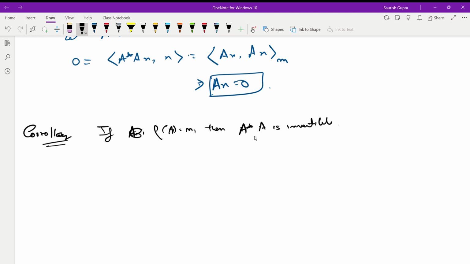Because if rank of A is n, then A star A will also have rank n. A star A is a square matrix. So if its rank equals its dimension, then it must be invertible. That's quite an easy fact. Clear?